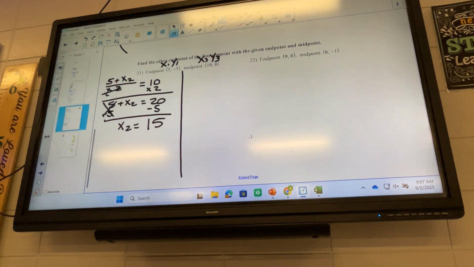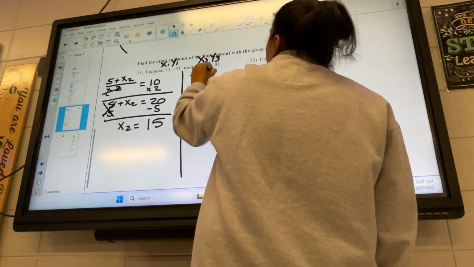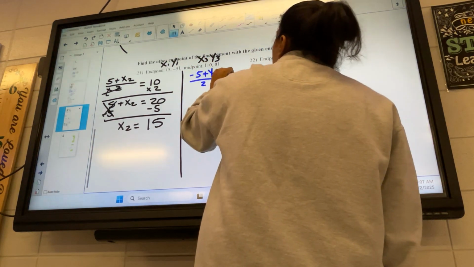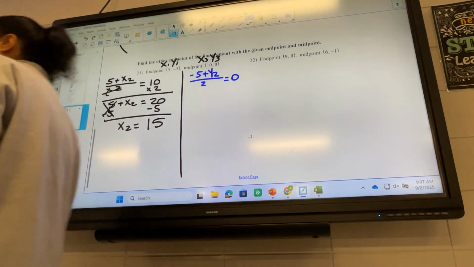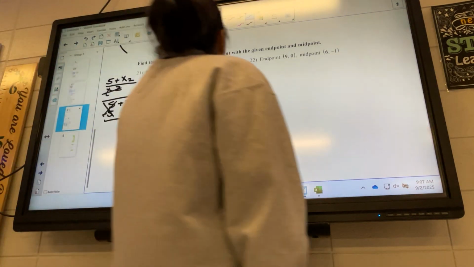Then we're going to do all this with the y's as well. So we're going to say negative 5 plus y2 over 2 equals 0. We're going to say times 2, times 2.